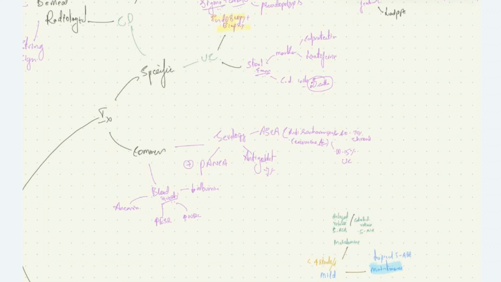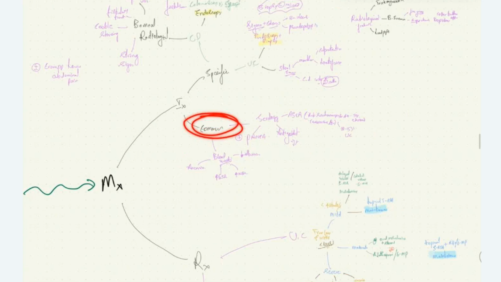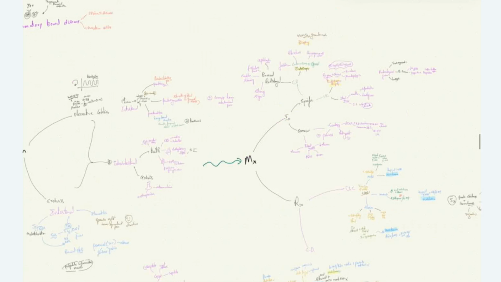In 10 to 15% of patients with ulcerative colitis, we see the ASCA antibody. We have anti-goblet cell antibodies and anti-pANCA positivity in these patients. These are the common investigation findings seen in both ulcerative colitis and Crohn's disease.